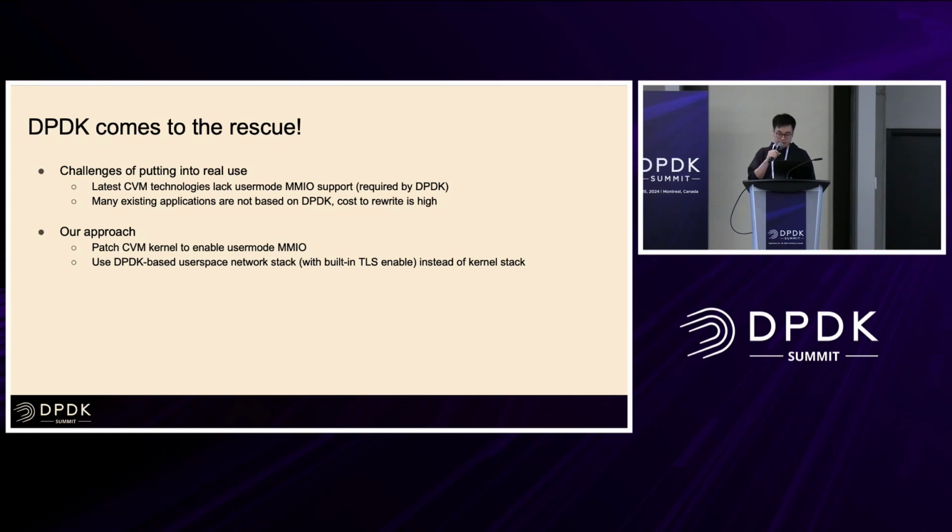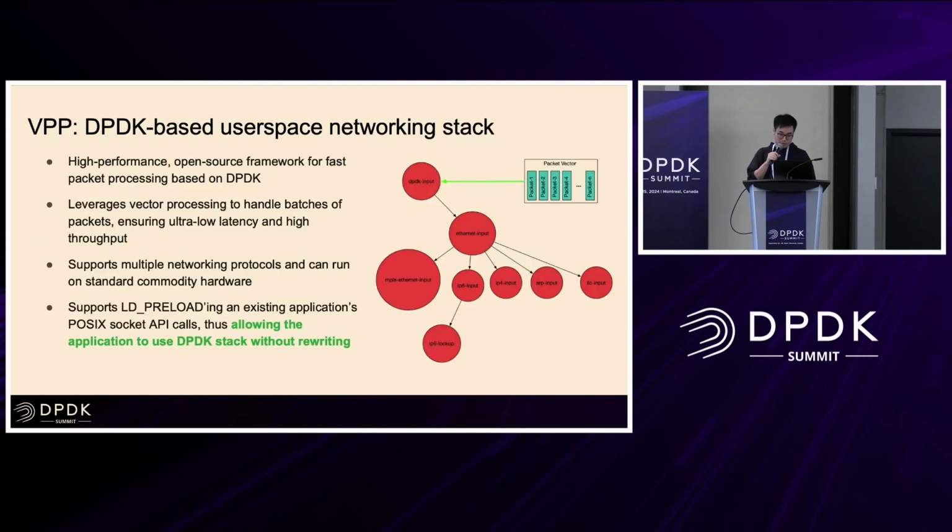Secondly, since there are many existing applications that are not based on DPDK, the cost of porting and supporting this feature is going to be high. So what we did was first patch the CVM kernel to enable user mode MMIO. Then we use a DPDK-based userspace network stack with built-in TLS enabled instead of the kernel stack. As you can guess, VPP was used in our approach.